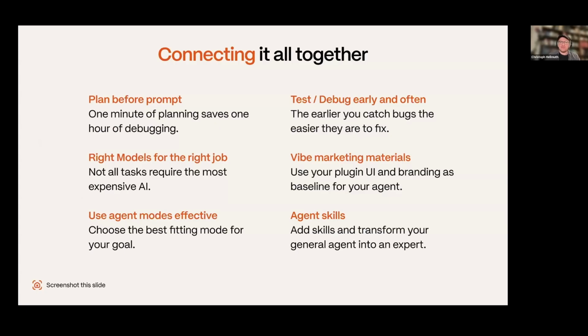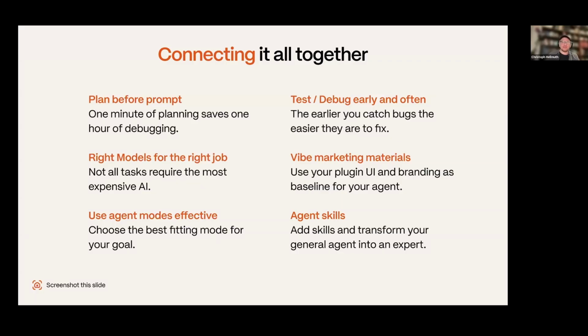So, pulling everything together from our presentation, here are 6 key takeaways. First of all, plan before you prompt. Remember, every minute you spend planning before prompting will save you an hour of debugging. Then make use of the right modes: plan mode first, then agent mode for building, ask mode for understanding, and debug mode for fixing. Test early and often.